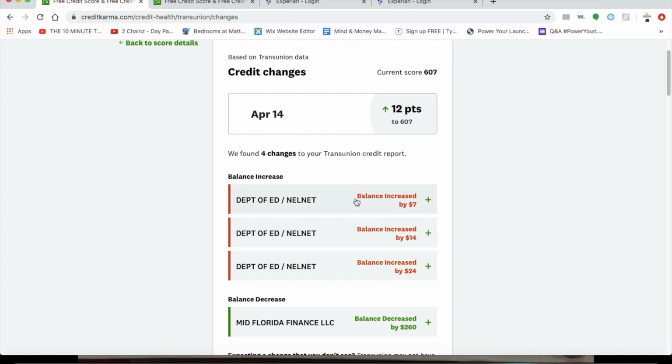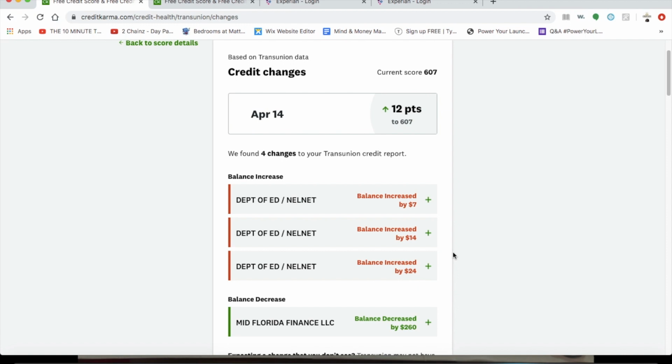Now, as you've learned or are going to learn, you'll see how the Vantage model, which is what Credit Karma uses, which is what most free sites use, you'll see that one of the major things that they look at is how long you've had a balance and what is that balance doing. Is it increasing? Is it constantly decreasing?